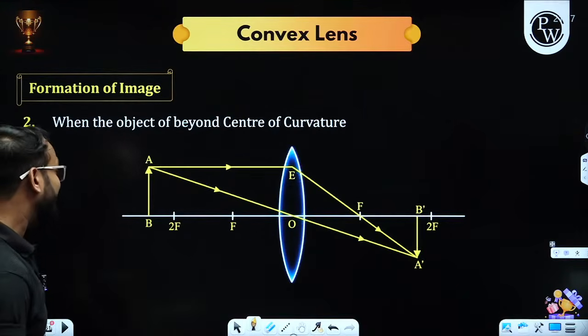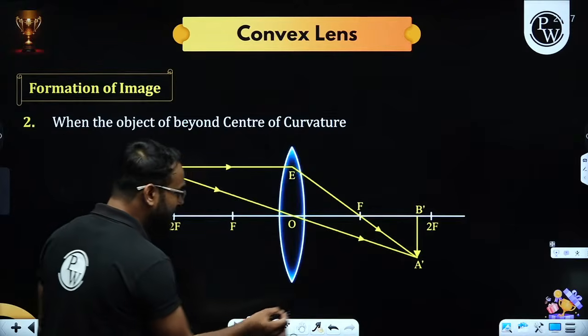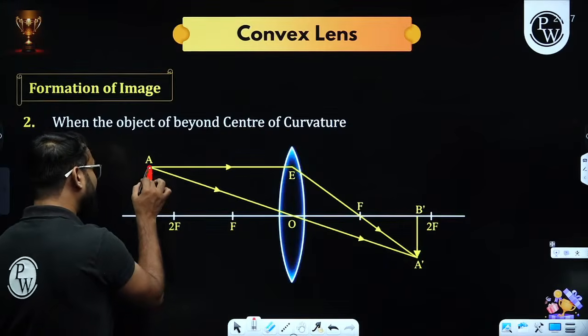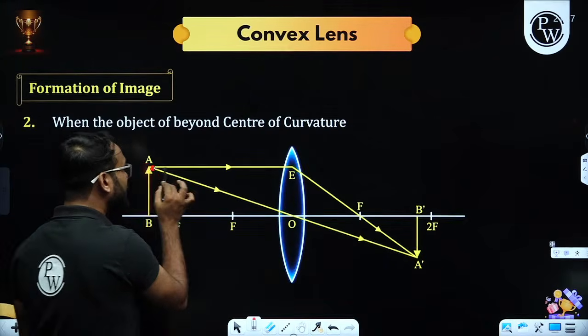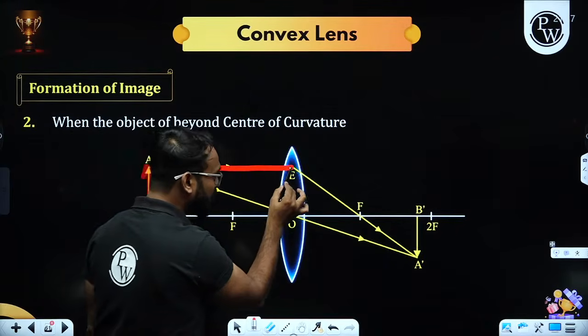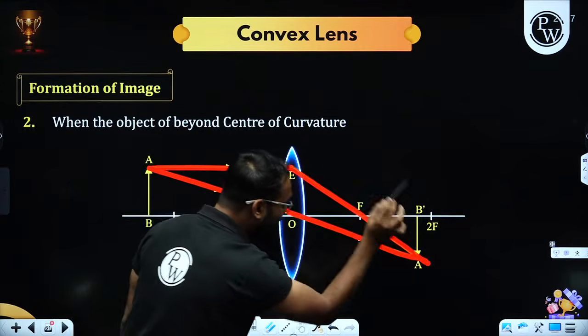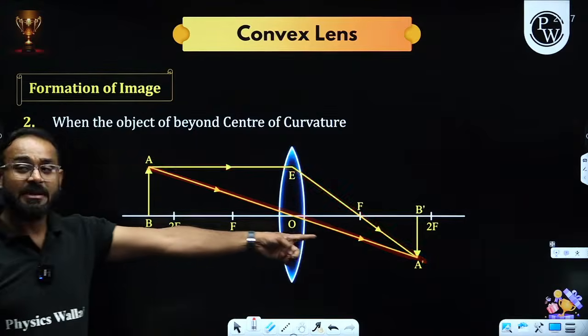Case number 2: when the object is beyond the center of curvature. Here the object is being placed. Rules: parallel to the principal axis, passing through focus, and through the optical center it will be undeviated. The image is obtained.